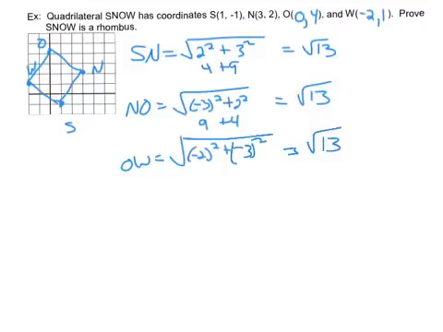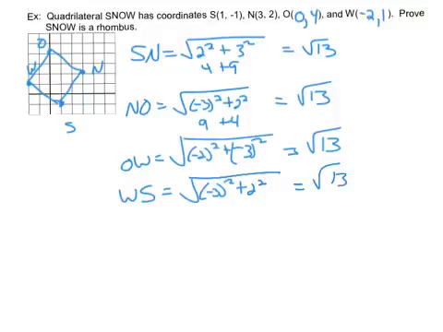So I'm guessing that WS is also going to give us radical 13, but you have to show your work. You can't just write it down. You won't get credit. So negative 2 minus 1, again, that's negative 3 squared, plus 1 minus negative 1, so that's a 2 squared, and again, it's radical 13. So your final statement: all sides are equal.